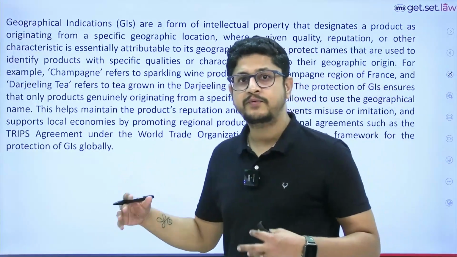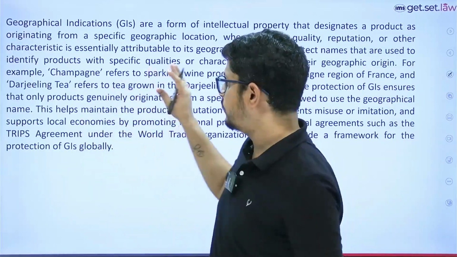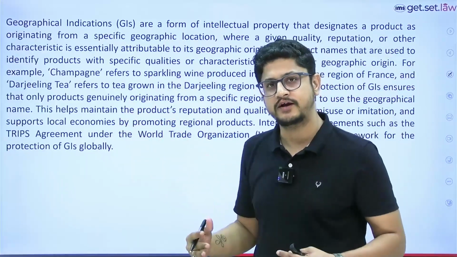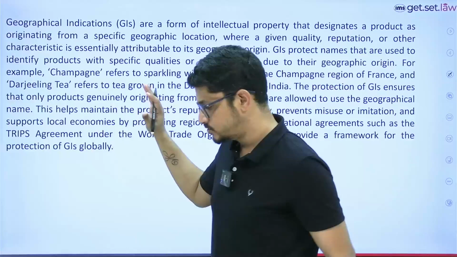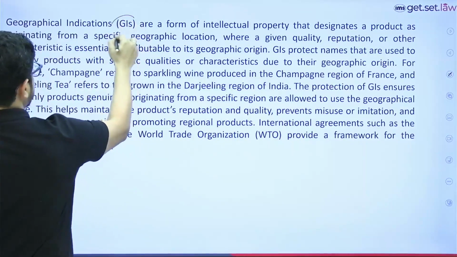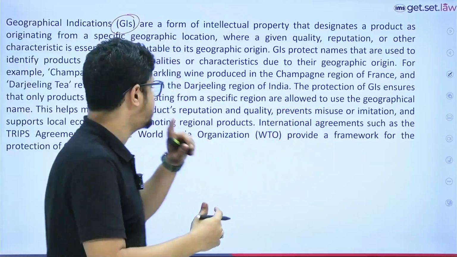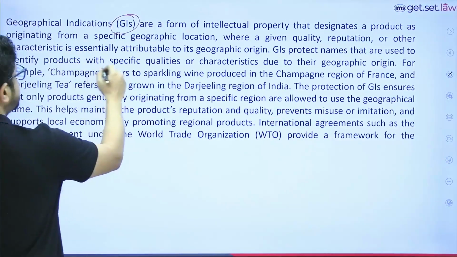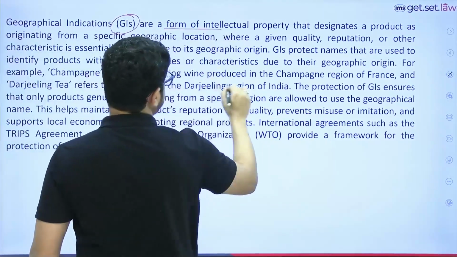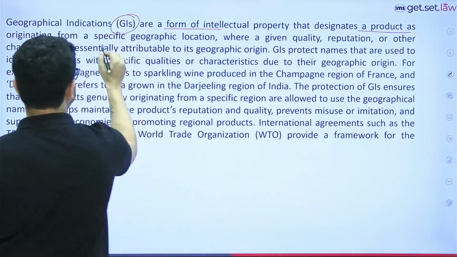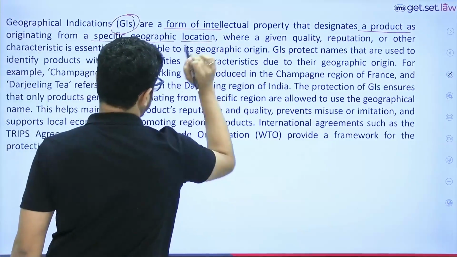Now as we move ahead with this paragraph, I think this is the fourth paragraph coming over here, but the paragraph length, you can see, as I mentioned, is below 300 words in the initial part only. So this is in regard to the GI tag. When you have studied the IPR laws, this becomes a relatable part. So let's understand. Geographical indications are a form of intellectual property that designates a product as originating from a specific geographical location.